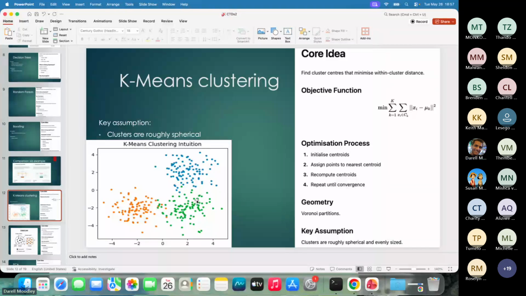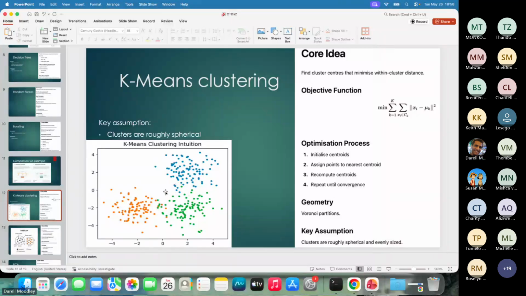All the Voronoi partition does is it's a way of dividing space into distinct regions based on the distance to a specific set of points. So what I'm trying to say is you're trying to arrange these points into a certain cluster based on the distance of the center of that cluster. All right, and that's what we mean by that.